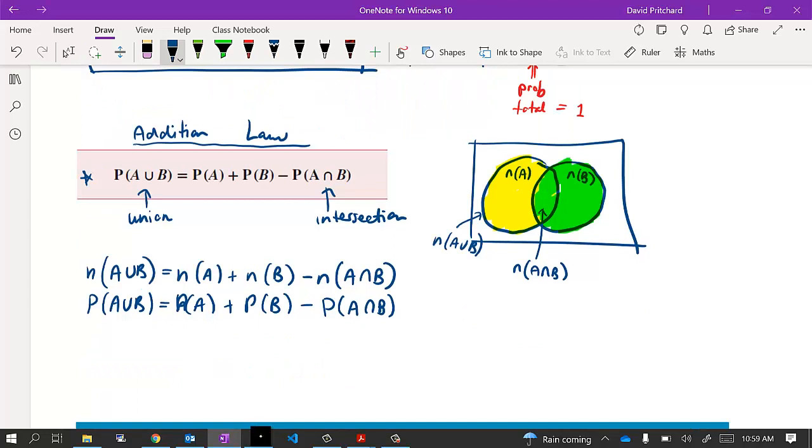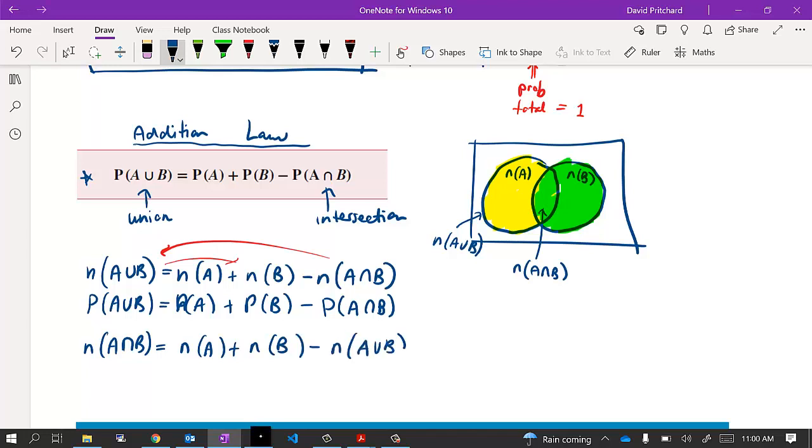The other version of this is if we wanted to find the intersection and we had the union, we can rearrange this algebraically, so we can add that number of A and B and subtract the number of A or B, and we could rewrite this to be the number of A and B, the intersection, is equal to the number of A plus the number of B, subtract the number of A or B, that union. We do that for probability as well. So I'm hoping that makes sense.